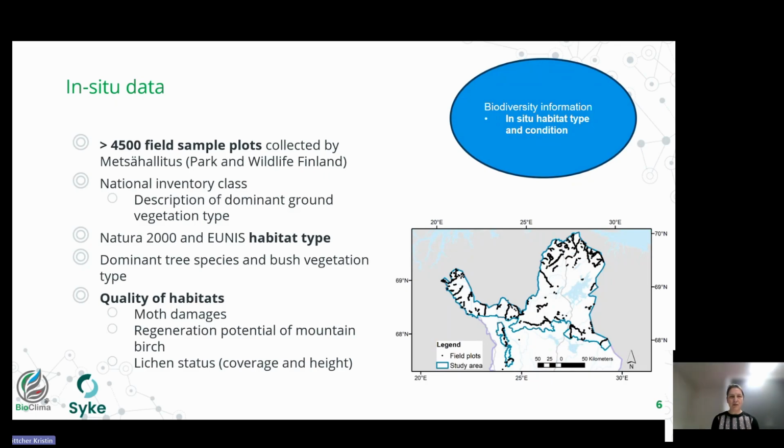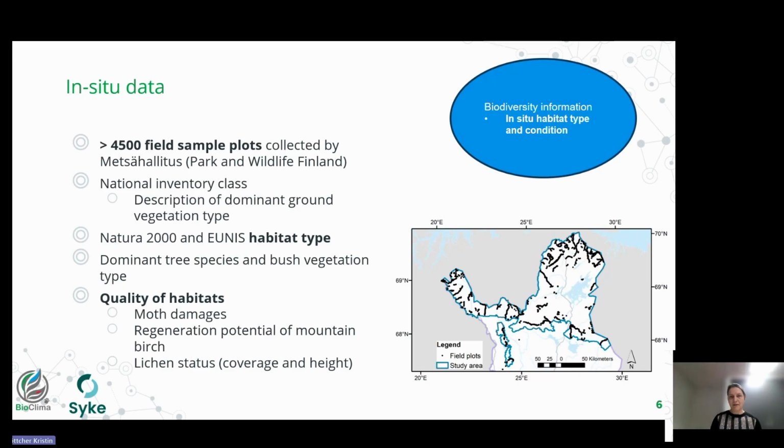And then we also have the habitat type information for these plots using the Natura 2000 typology, and also there's information on the dominant tree species and bush vegetation type. And furthermore, the quality of habitats has been collected, describing these insect or moth damages, the regeneration potential of mountain birches, and then lichen status.